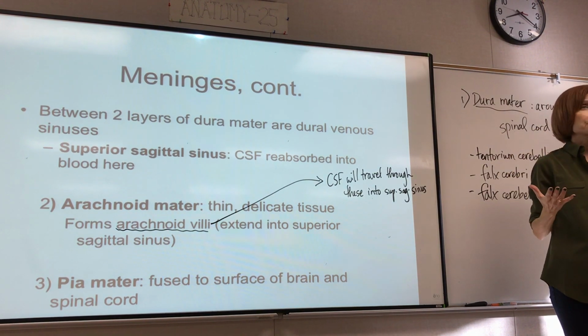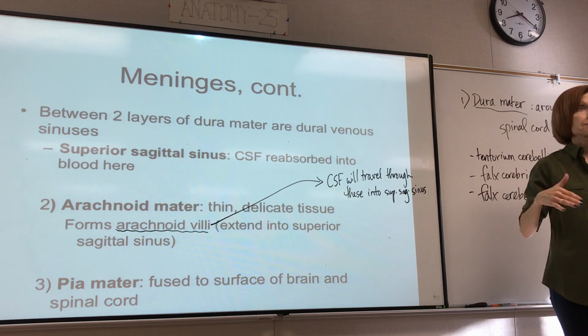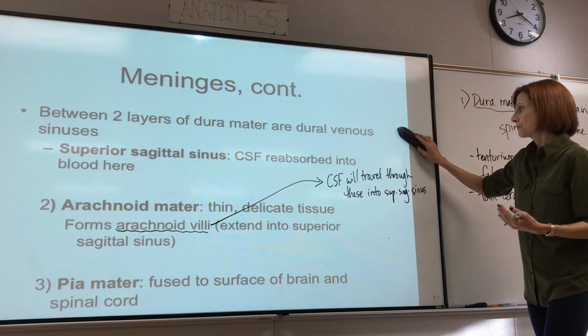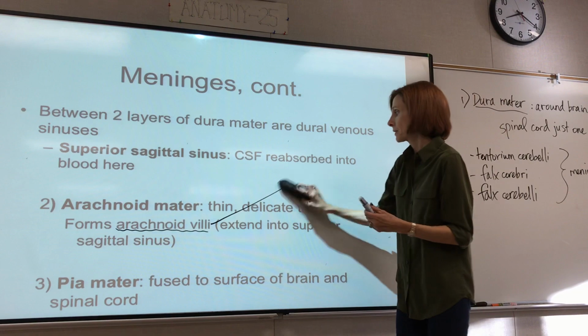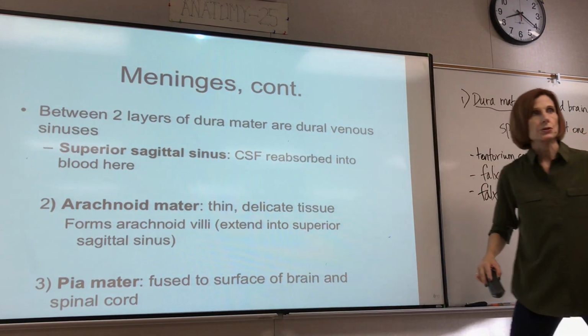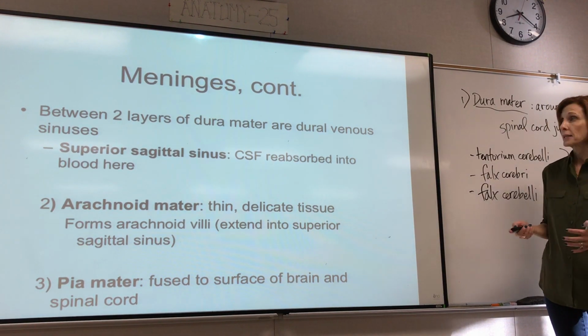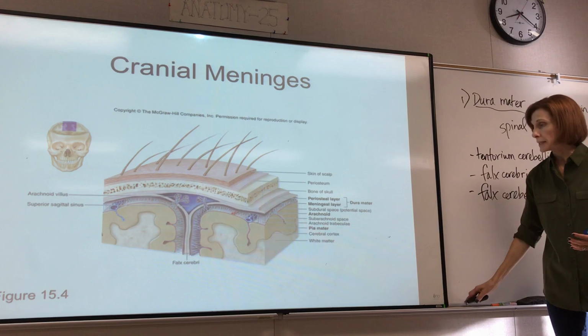And it can actually happen very quickly so that the condition can progress so fast that they really can't do anything for the patient once that bleeding reaches a certain point. So it's very important. That's why it's important if you hit your head to go get checked to make sure you don't have bleeding into these spaces.